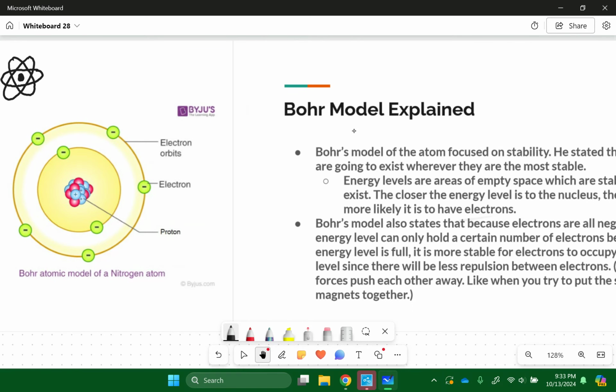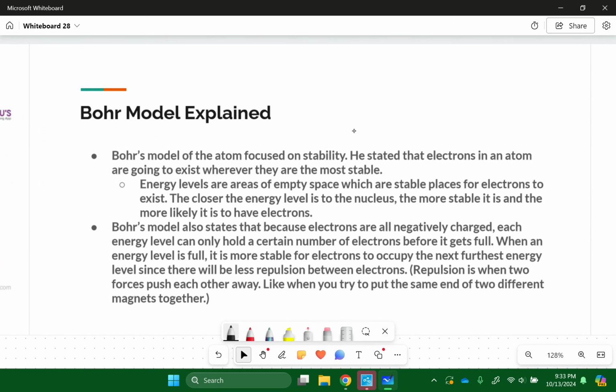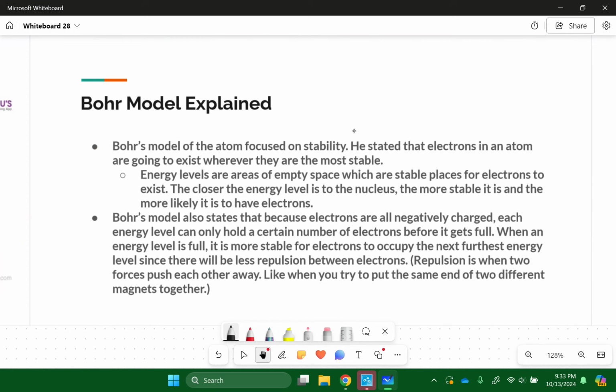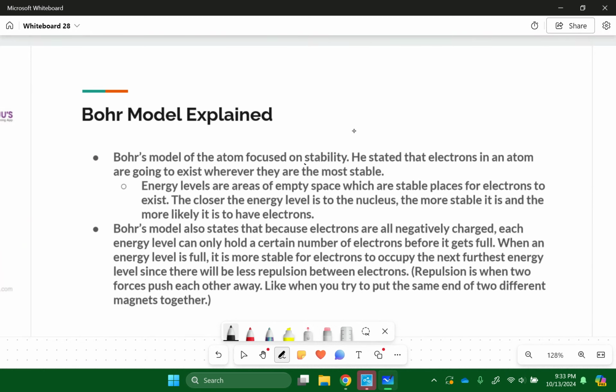I'm going to move this over a little bit. So it says Bohr's model of the atom focuses on stability, and this is important. Bohr's model is completely focused on stability. He stated that electrons in an atom are going to exist wherever they are most stable.